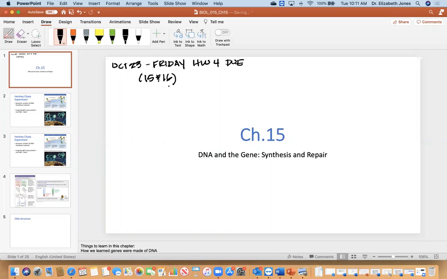Okay, so let's think about where we've been and where we're going in chapter 15. Our last couple of chapters focused on the cell cycle, mitosis, and meiosis, right? In thinking about what was going on, essentially what we were doing is making copies of our genetic material and then distributing them among daughter cells.